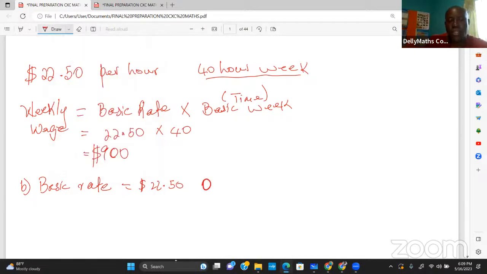So the overtime, can I write OT for overtime? So your overtime agreement is 1.5. So they call that time and a half. So then your overtime rate will be different. So look at what they want.